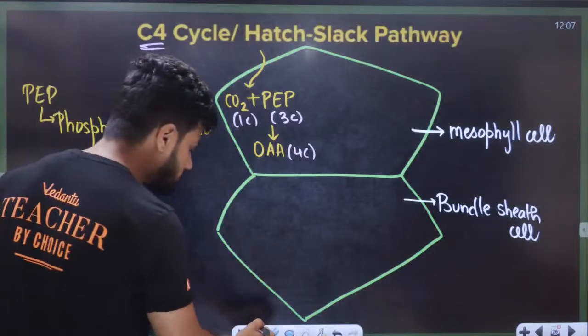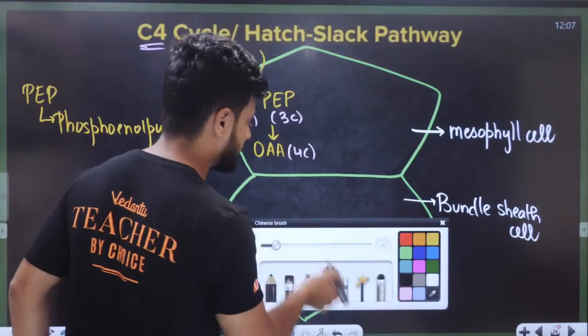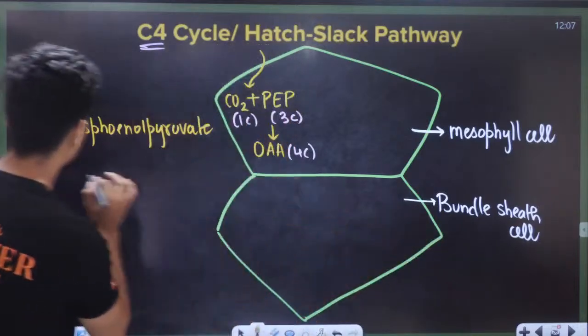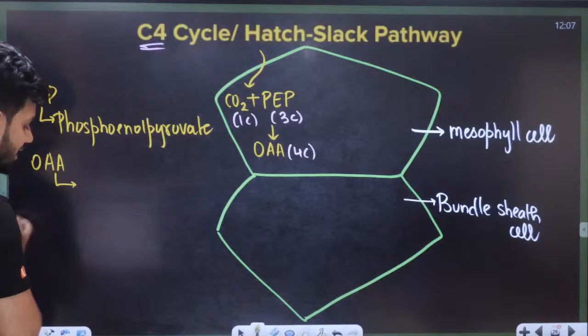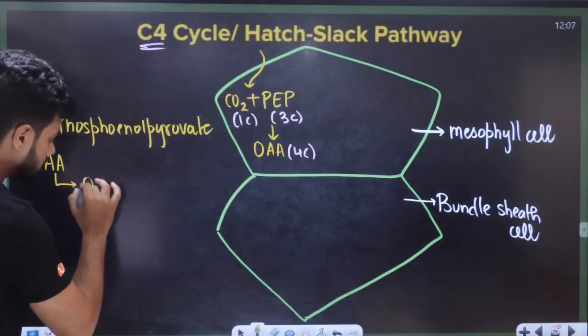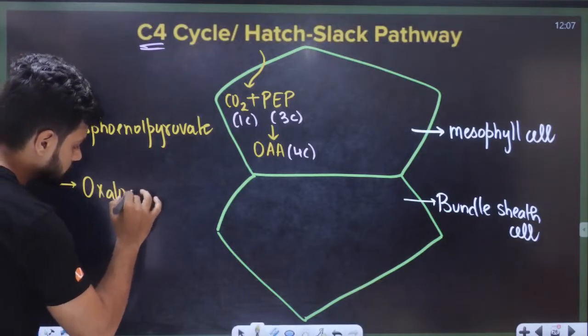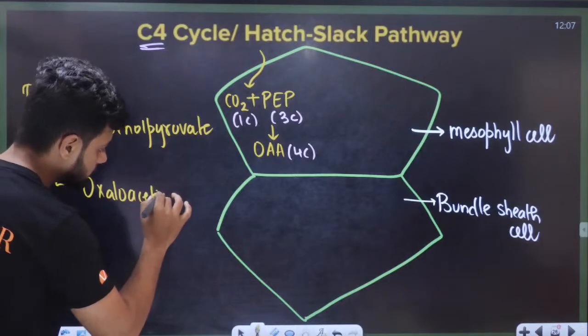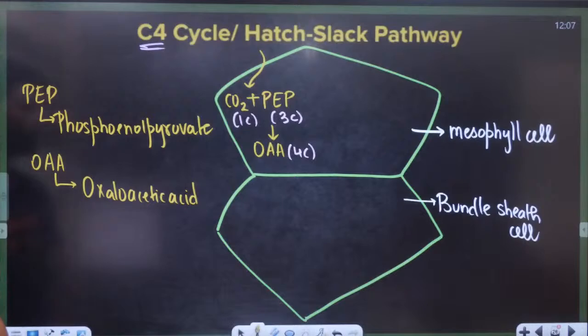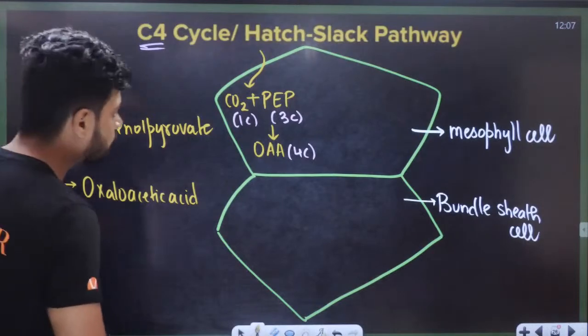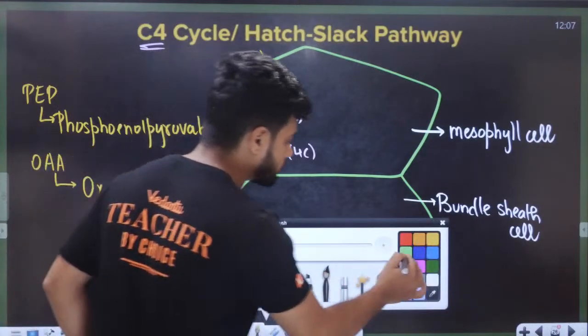Now students, what is PEP? Phosphoenol pyruvate. What is OAA? OAA is nothing but oxaloacetic acid. Now, in this entire process, there is an enzyme involved.